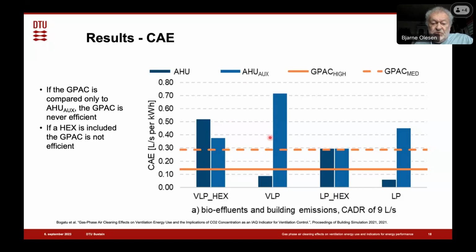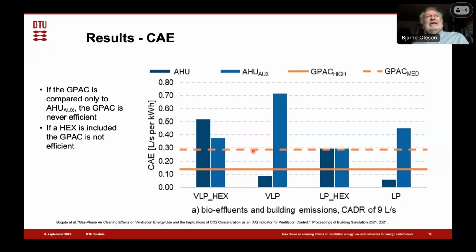And then you see two lines below here, and that is for two different levels of clean air delivery rate, or of energy use of the air cleaner. So the full line has higher energy use, and then you have an air cleaner with less energy use.